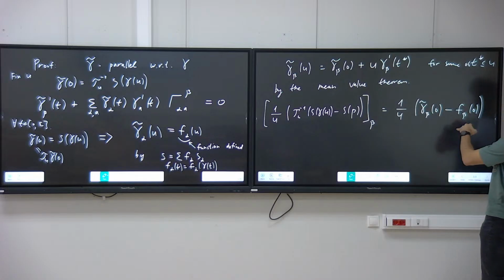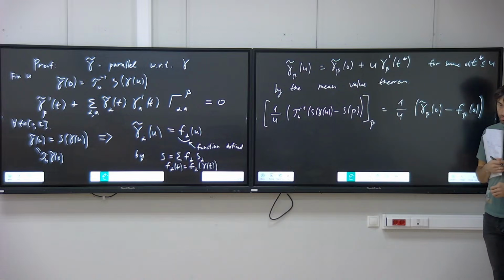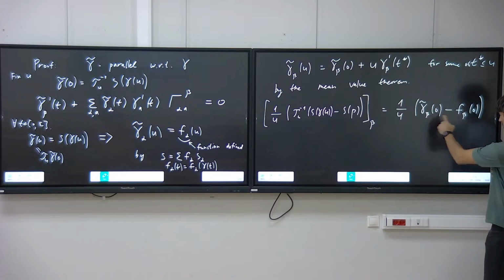Remember, gamma tilde and f coincide only at u. At 0, they're different functions. So this is not an identity. Sorry, I forgot something. No, it's okay. This guy depends on u, so it's all right.